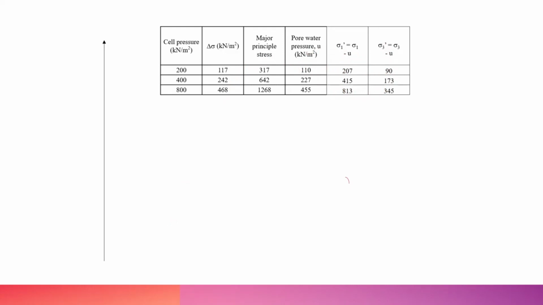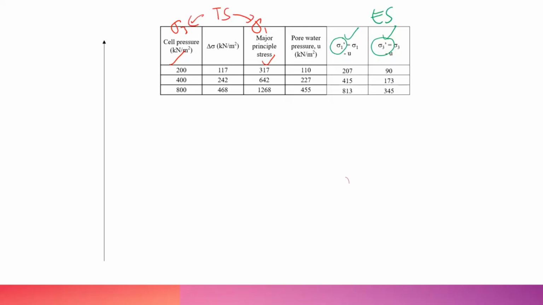Therefore, to plot the Mohr circle for total stress, you need the information here and here, for sigma 3 in total stress and sigma 1 for total stress. And for effective stress, you need the information here and here, for sigma 1 prime and also sigma 3 prime. So this is for effective stress and this is for total stress.